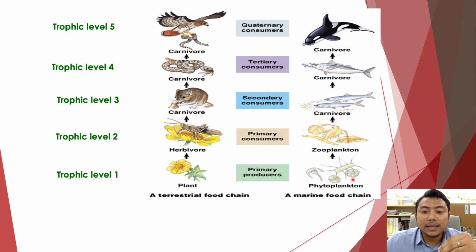It is being eaten by slightly larger organism, namanya adalah zooplankton. Zooplankton ni dia not photosynthetic. Dia akan makan yang phytoplankton ni tadi. So ingat phytoplankton photosynthesis. Zooplankton, zoo, bunyi zoo kan macam animal kan. So it's more like an animal like organism. Okay.